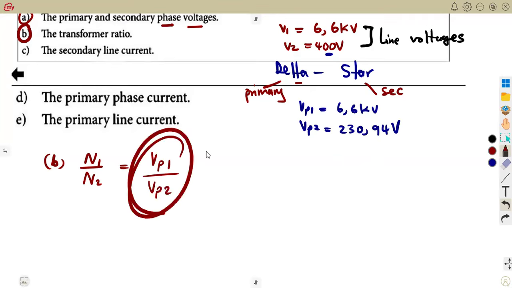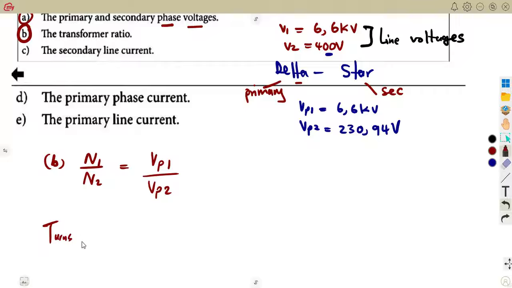Phase values are used. So that is the condition. So you're going to have our transformer ratio, or our turns ratio in short. You just use the VP there. VP1, we have 6.6 kilovolts over VP of the secondary, which is 230.94.